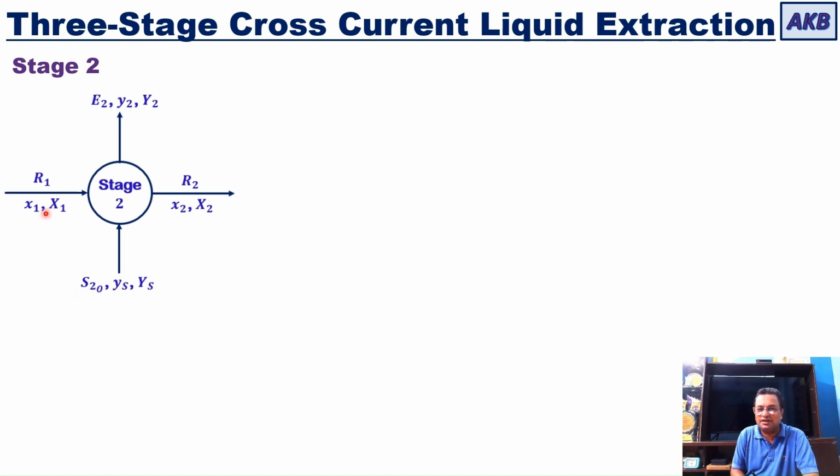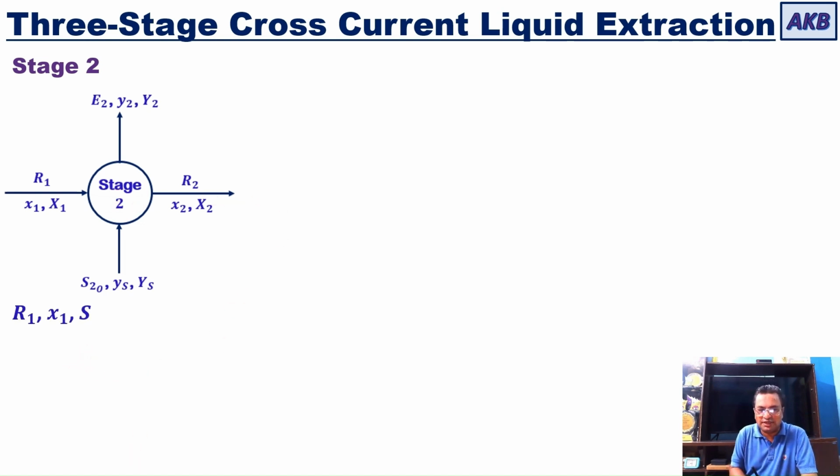At the end of operation in stage 2, you get raffinate phase out of stage number 2, which will have all A in it, and you will get extract phase out of stage 2, which will have all B in it. Why so? Because we are considering the case where A and B are not at all soluble in each other.